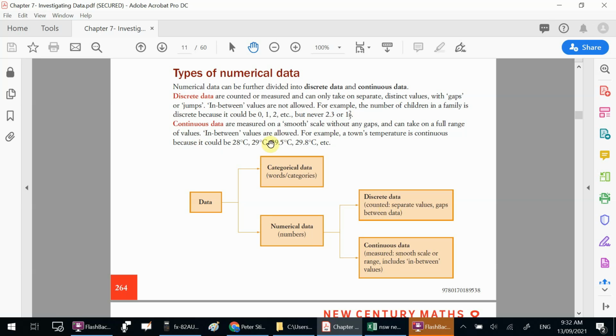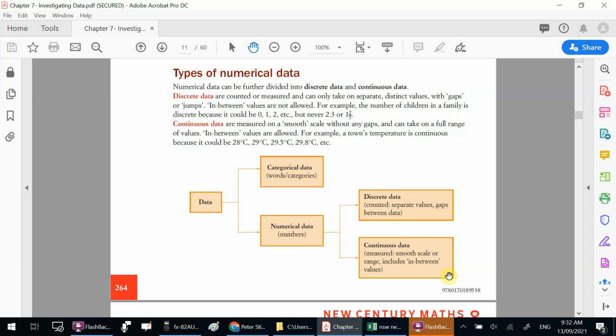It gives the examples here. Temperatures would be continuous. There's the idea of being a smooth scale with various ranges in between. You could do distances or times, whereas discrete is actual counting specific numbers. A number of children in a family would be discrete, 0, 1, 2, etc.